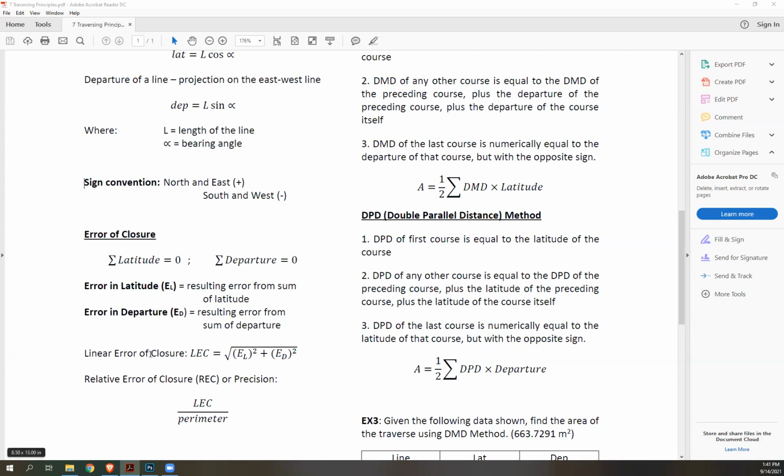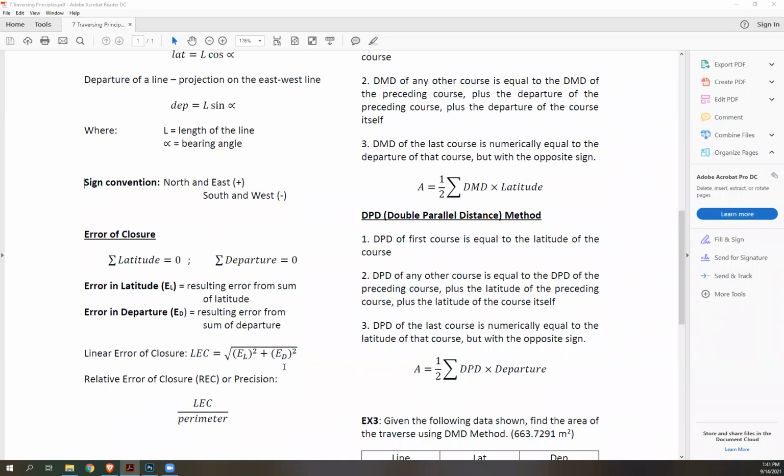And then we have two types of error, your linear error of closure, also known as your LEC, that's just square root of E_L squared plus E_D squared. Because remember, latitude and departure are just the vertical and horizontal projections of a line, or the X and Y components of a line. So if you want to get the total error or the resultant error, right, that's just using Pythagorean theorem.